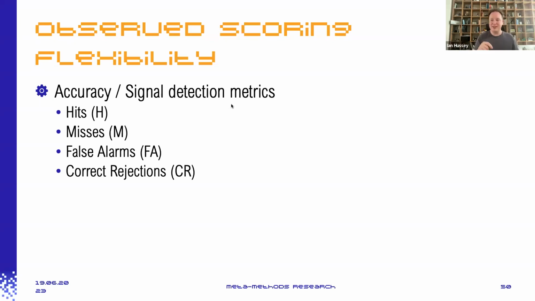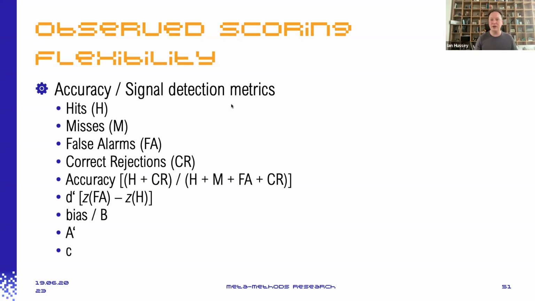And unfortunately, within signal detection analysis, once you have hits, misses, false alarms, and correct rejections, you also have a large number of other metrics that can be calculated from it, most of which we find in the literature.